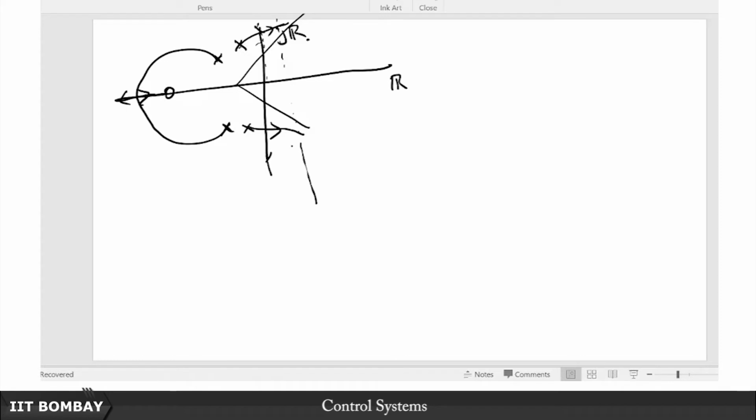Only beyond a certain value of k, say omega oscillation at k equal to k crit, is where this crossover happens, that is, the closed loop pole migrates to the right half plane.